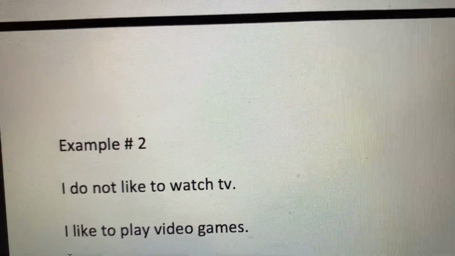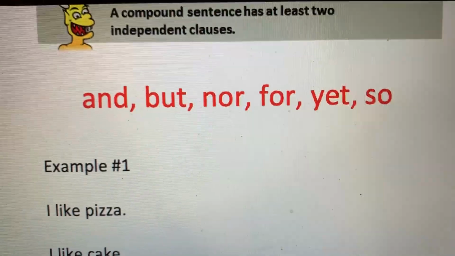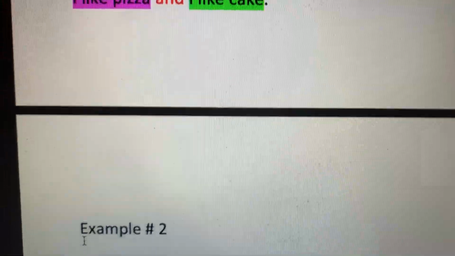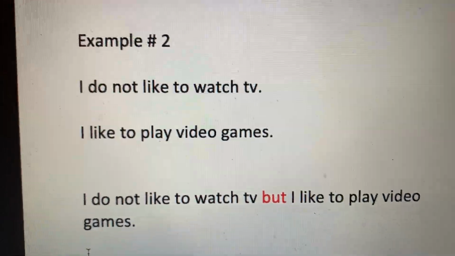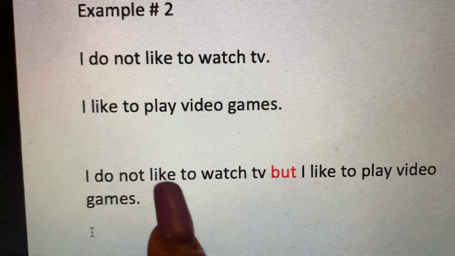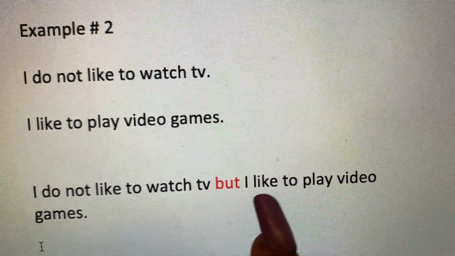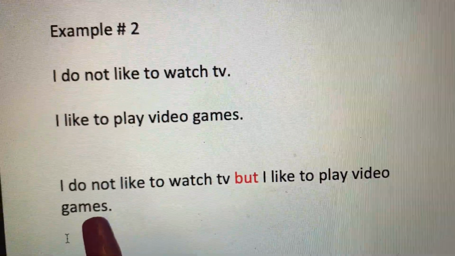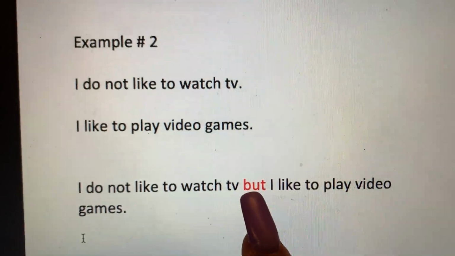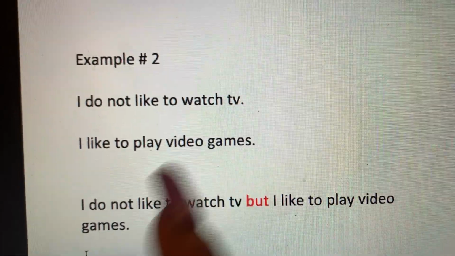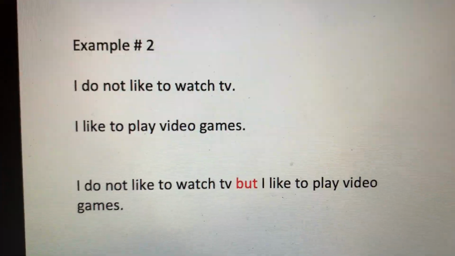And again, I want to use one of my joining words that we talked about up here to make it into a compound sentence. Okay, so when I put it together, I have, I do not like to watch TV, but I like to play video games. So now it's a compound sentence because I use my joining word to take it from being two separate sentences to just one nice juicy sentence.